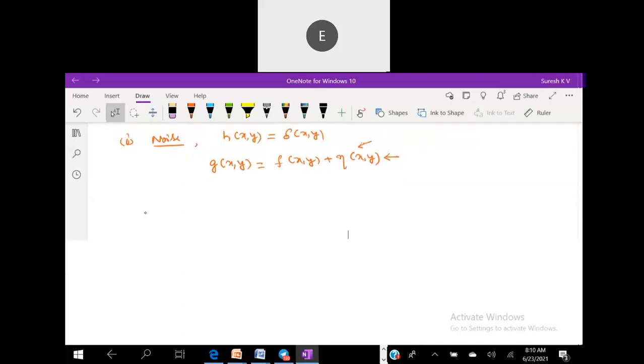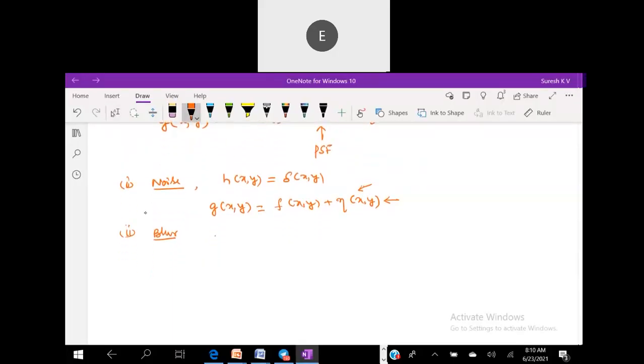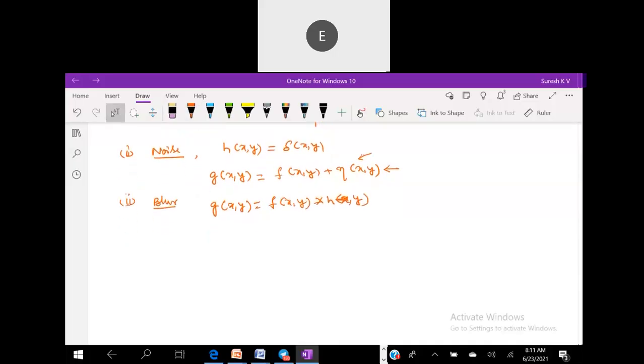Now the second case we are discussing today is where I am assuming that blur is the only degradation. In this model, I am assuming that there is no noise. So what would be the model? g of x comma y is the convolution of the image with the blur point spread function h of x comma y.